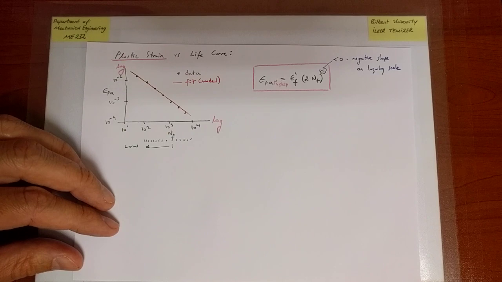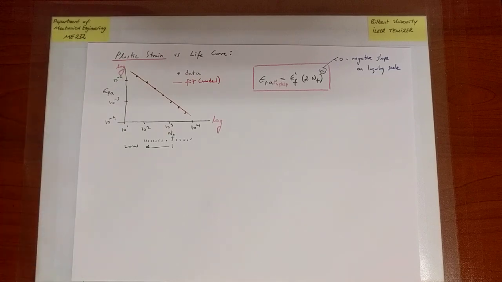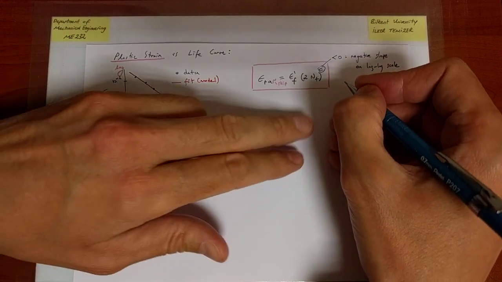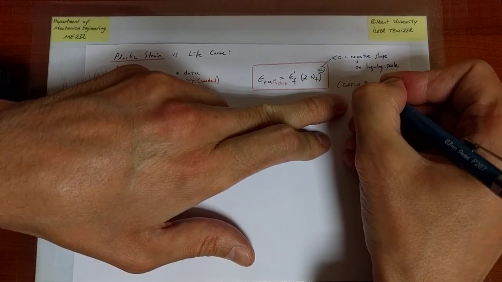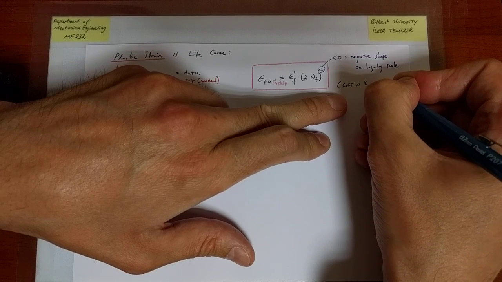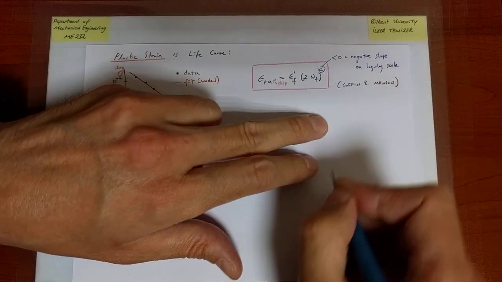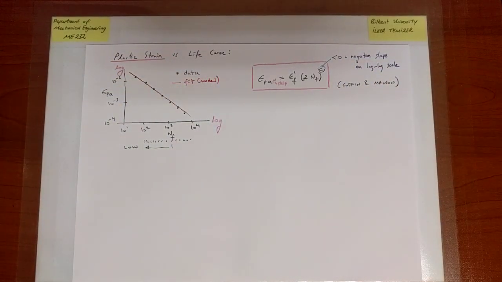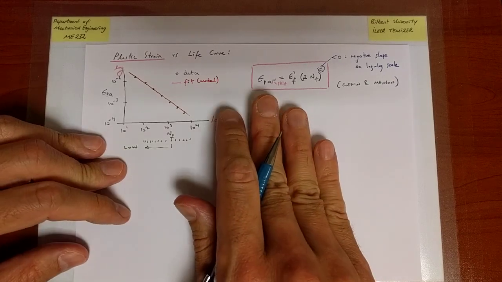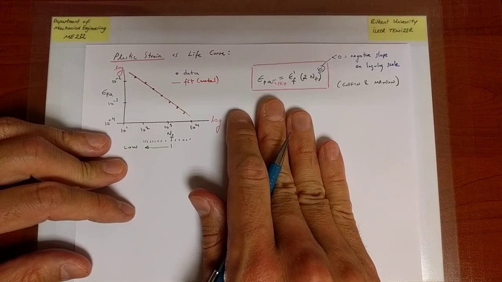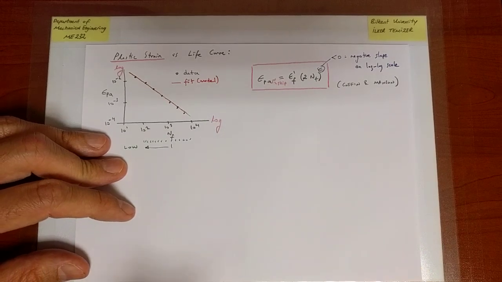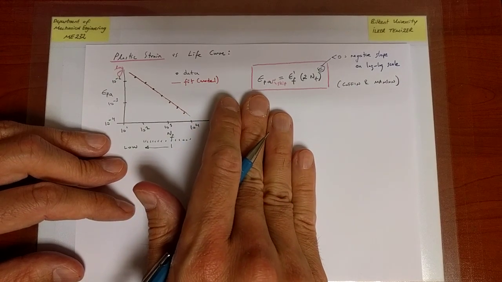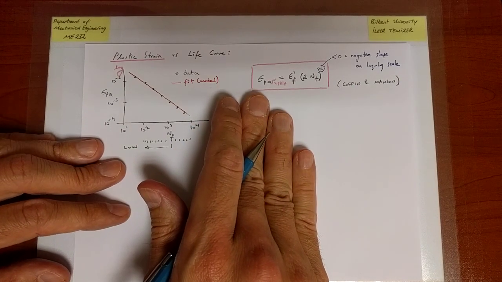All right. Now, this relation was proposed by two researchers, Coffin and Manson, in the 1950s. Now, we're not going to refer to this as the Coffin-Manson equation. What we're going to refer to as the Coffin-Manson equation is going to be slightly more generalized, but this is the cornerstone of low cycle fatigue.